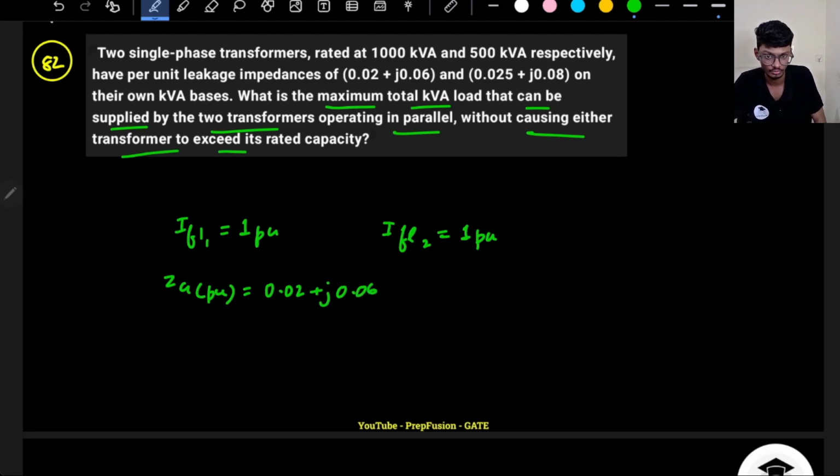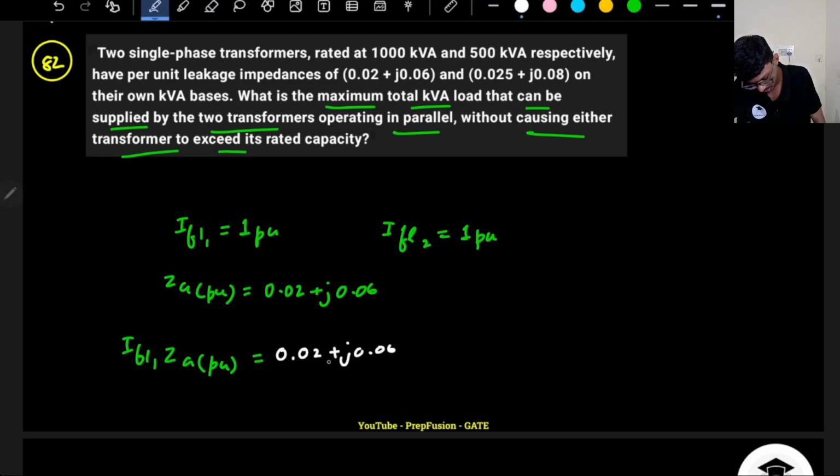Overall drop, IFL1 into ZA pu, is 0.02 plus j0.06. If I calculate the magnitude, it is the square root of 0.02 squared plus 0.06 squared, which will be 0.0634.